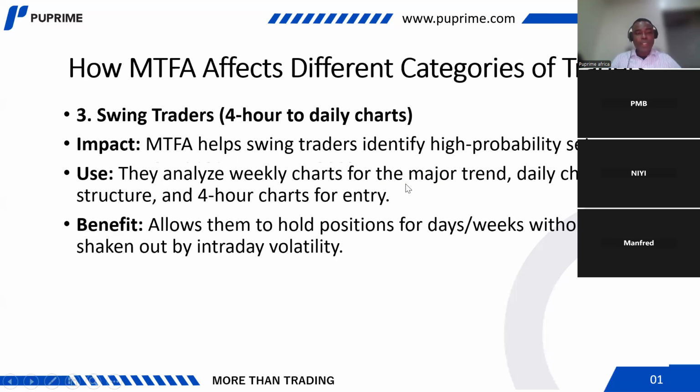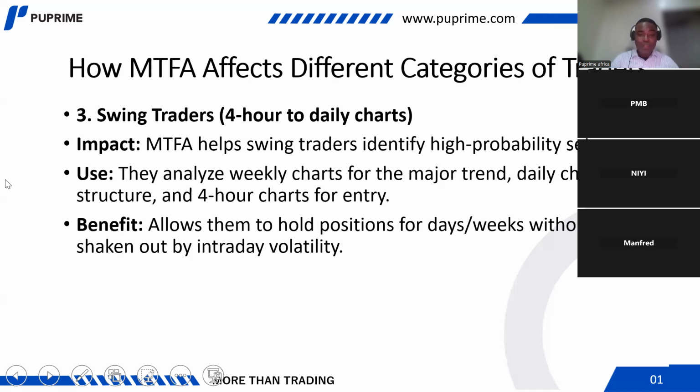Number 3, swing traders. They look at the 4 hour to daily charts. Multi-time frame analysis helps swing traders identify high probability setups. They analyze weekly charts for the major trend, daily charts for structure, and 4 hour charts for entry. Now, if you have joined my analysis for the weekly analysis on Mondays, this is exactly how I personally analyze the market.